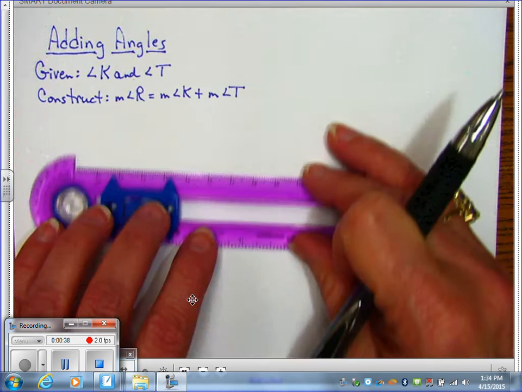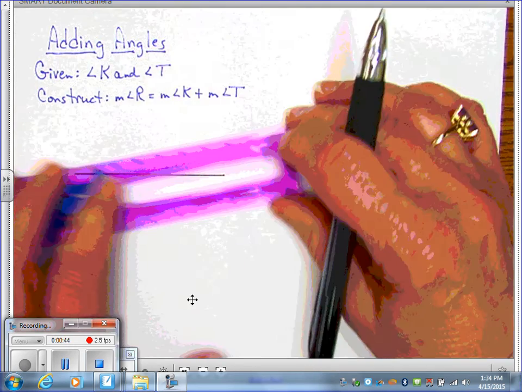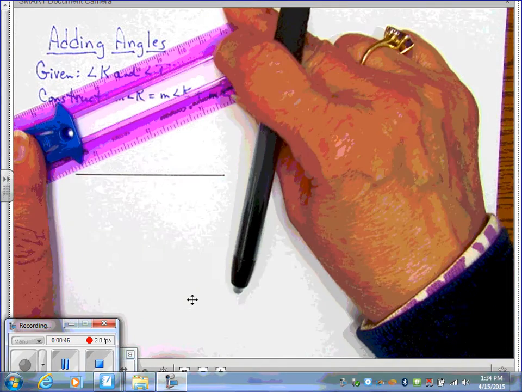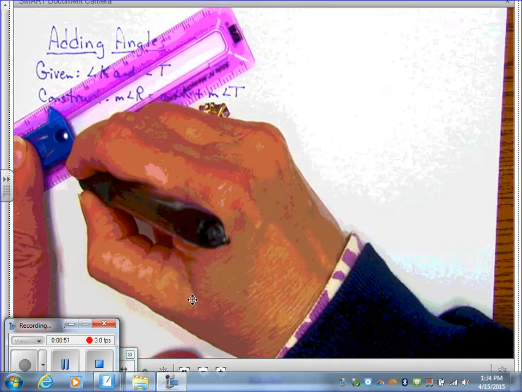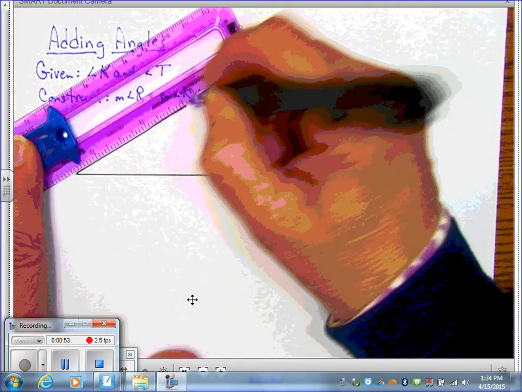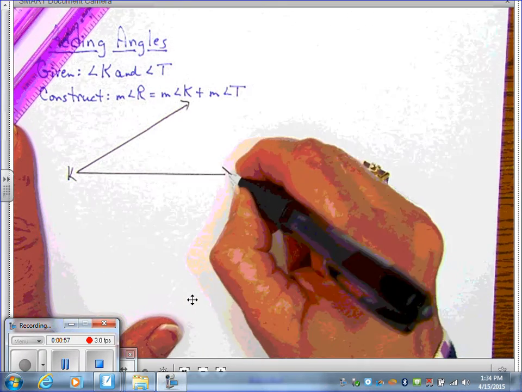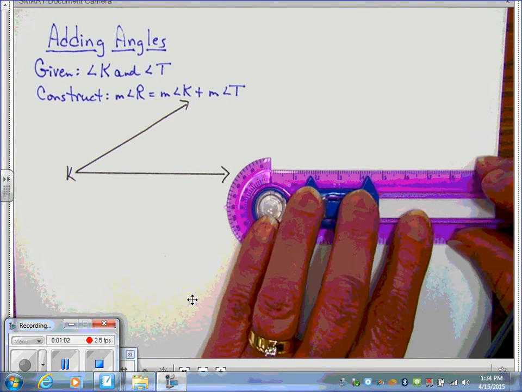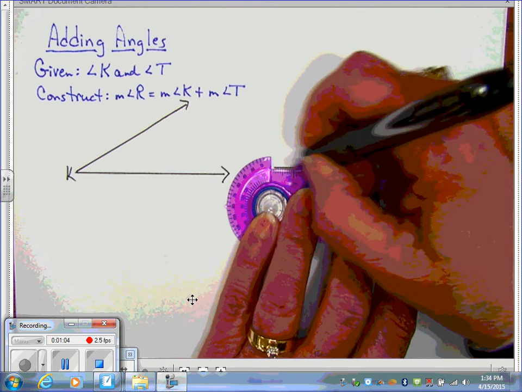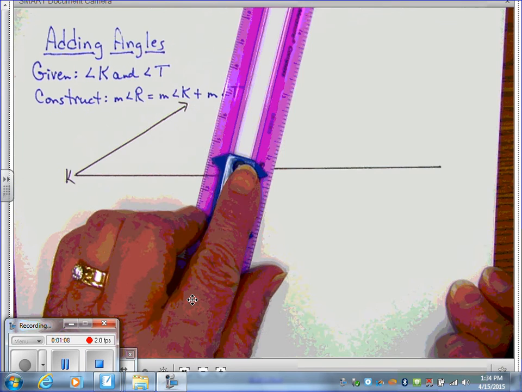We're going to do two acute angles here, but angle K is going to be a smaller measure than angle T. So everybody, let's just draw an angle K, and here's angle K, a small one, less than half of 90, and then we'll make an angle T that will be closer to 90, a larger angle there.